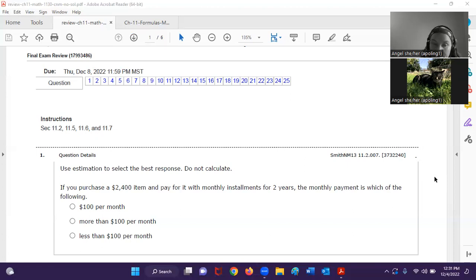The $100 per month, the more than $100 per month, or the less than $100 per month. We won't calculate it, but we can still write out an equation. So monthly payments are future amount divided by n, because future amount is the amount you're borrowing plus the interest that they're charging you.